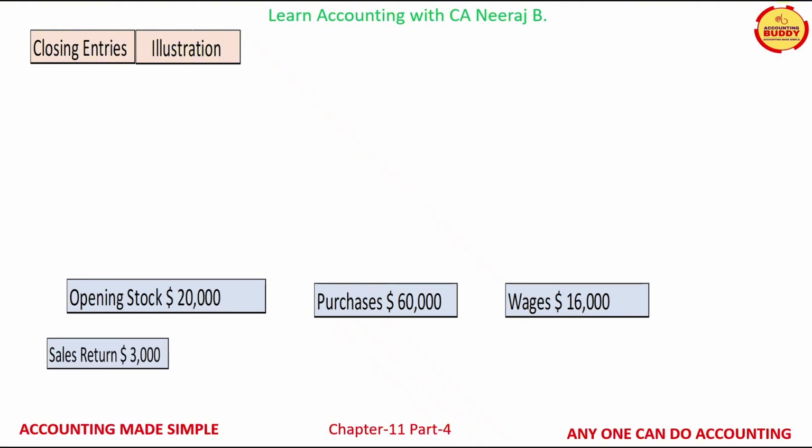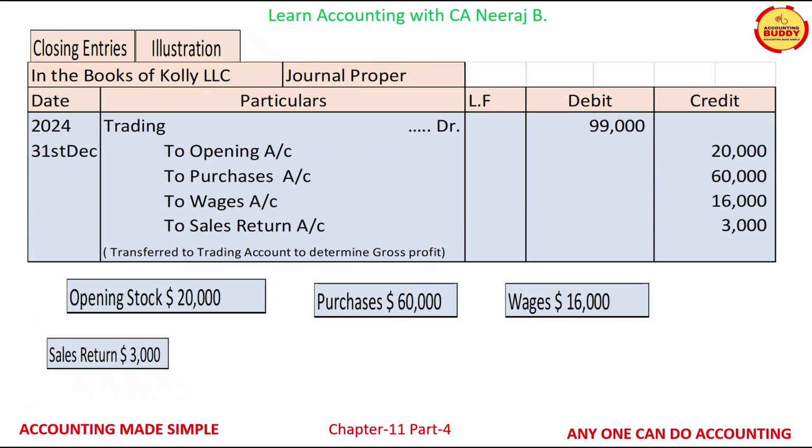The closing journal entry for expense nominal accounts will appear as displayed on your screens to determine the gross profit of the business. The entry will be passed on the last day of the accounting period, that is 31st December 24. All the expense nominal accounts having a debit balance, therefore they will be credited to close them.